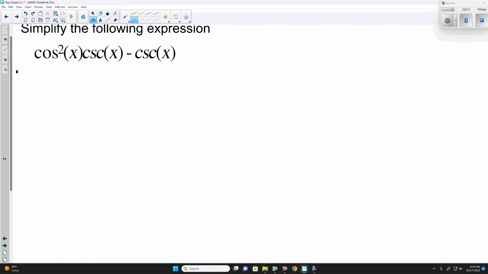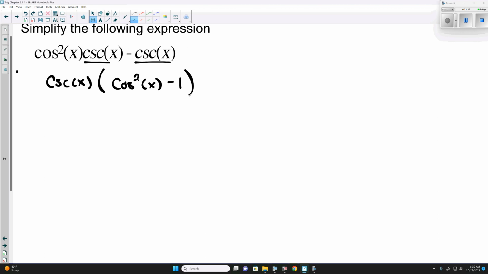So we can factor the cosecant of x out. And we'll get to how this works in a minute, but we can pull cosecant out because it's in common in both. Which does give us this here.